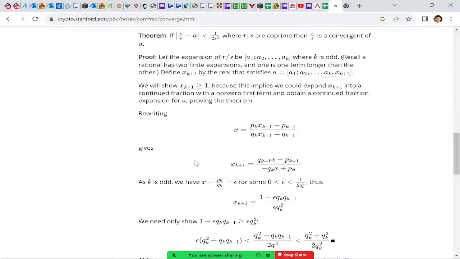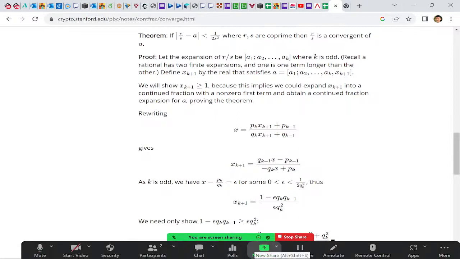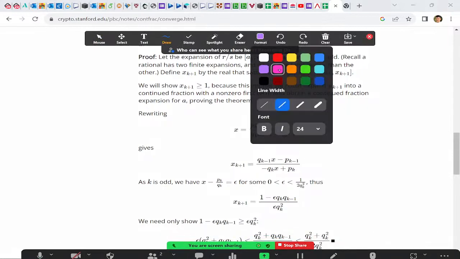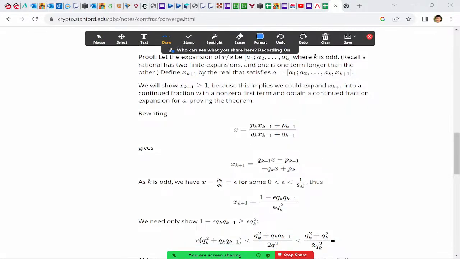In our case, we need to do some math. We have alpha equals p_k alpha_{k+1} plus p_{k-1}. We're all familiar with this thing, right? Probably.